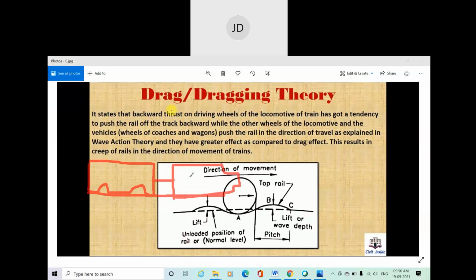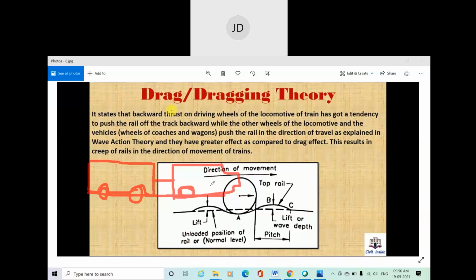The locomotive has driving wheels, and all the others are trailing wheels. No energy is connected to those wheels; they only follow the driving wheels of the locomotive.